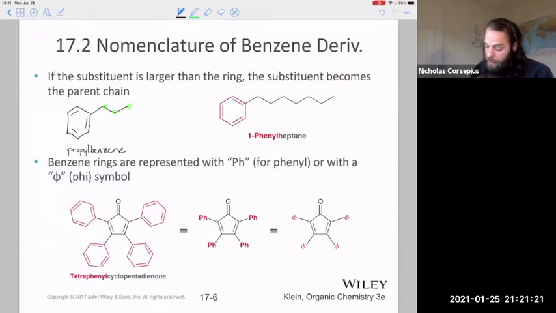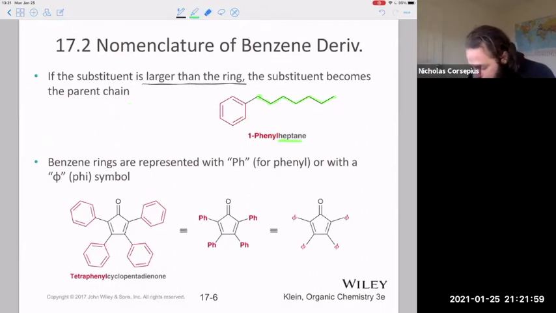However, as soon as that alkyl substituent becomes larger than that benzene ring, so when it gets to be 7 carbons or more, then you don't consider the benzene ring to be the parent chain, you consider that alkyl chain to be. So now in this one, 1, 2, 3, 4, 5, 6, 7. So the parent chain there is a heptane, right? And then when you're referring to a benzene ring as a substituent, it's called a phenyl group. Okay, so in this case, this would be 1-phenylheptane.